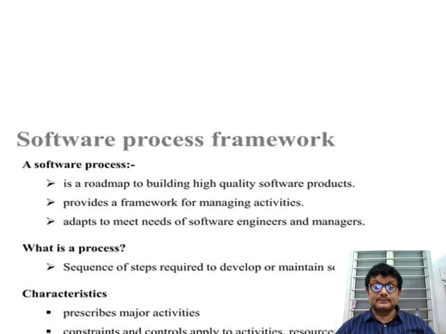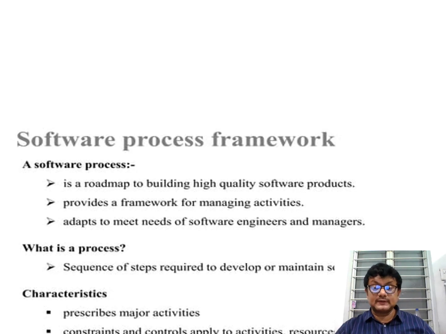Next, what is the software process framework? A software process can be considered a roadmap to building high quality software products. A software process provides a framework for managing activities.